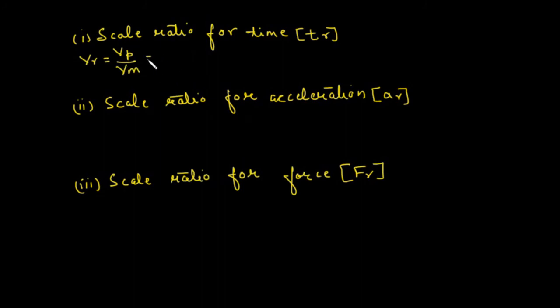So Vp can be written as Lp upon Tp and Vm can be written as Lm upon Tm, where L stands for length and T stands for time. So Lp upon Lm will become Lr and Tp upon Tm will become Tr.